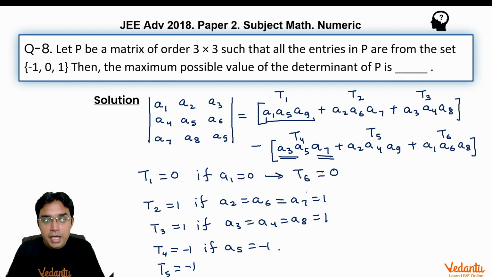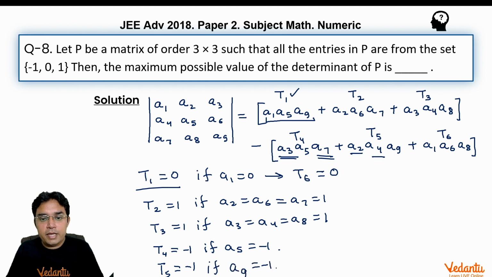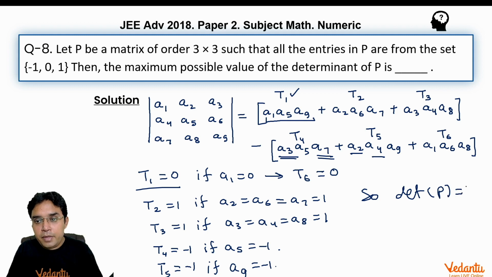And this A5 equal to minus 1 will not make any difference to other terms because it occurs only in T1, which is 0. So even if A5 is 1 or minus 1, whatever it is, T1 will remain 0. Now the same way, T5 can be made minus 1 if A9 is equal to minus 1.